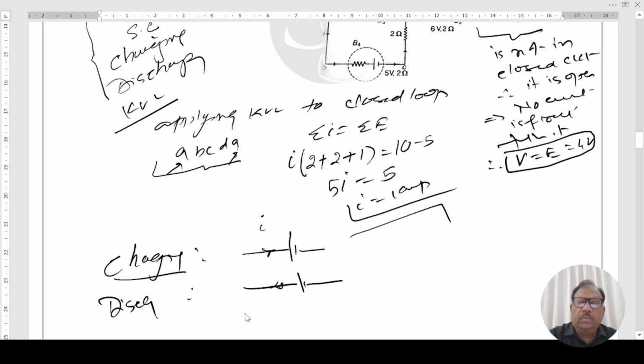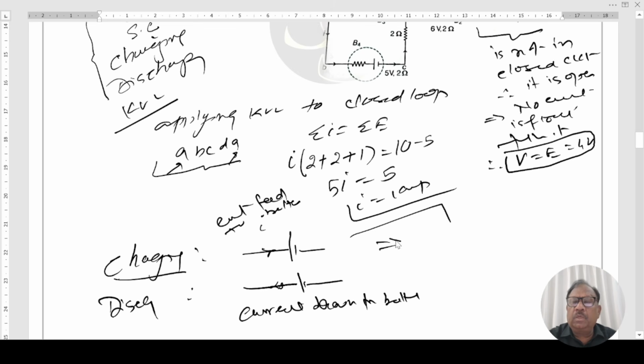Charging: current fed to battery. In this case, V equal to E plus IR. In discharging, V equal to E minus IR.